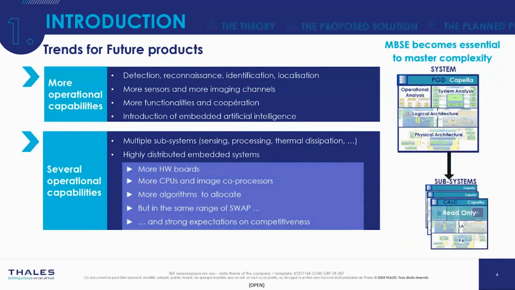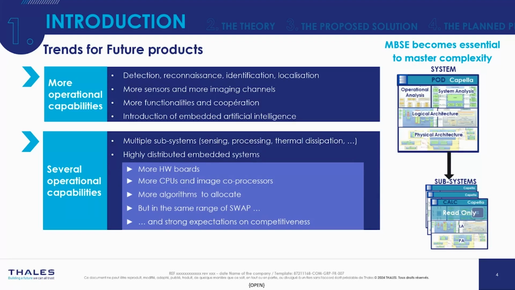So even if our legacy products have been in development for 15 years, today we are facing many functional evolutions and the introduction of new capabilities, such as pilot-assisted detection or recognition and identification of targets. So it will introduce artificial intelligence, for instance.